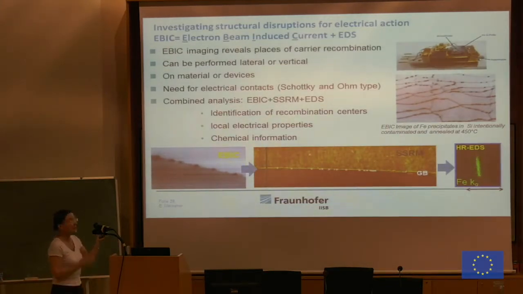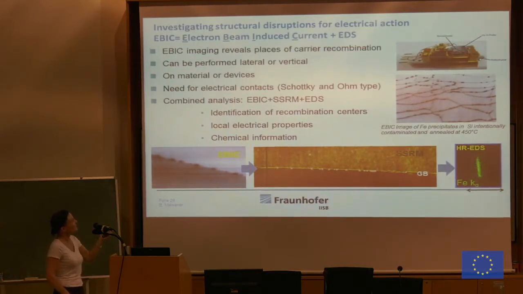And here you can see experimental data, which we did some time ago. This is a solar silicon, and we did some electron beam induced current measurements combined with chemical analysis on the microscopic scale. You see here how the sample is mounted.